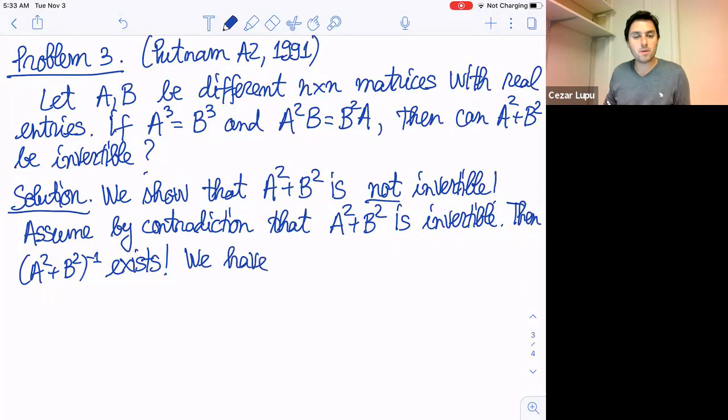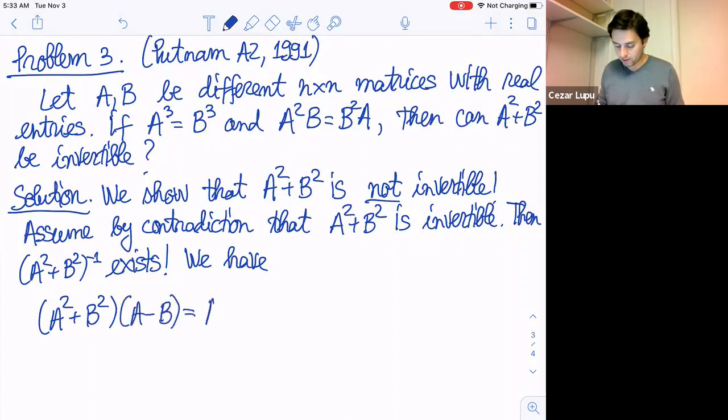I know that A and B are different. So I'm just going to multiply A plus B, A squared plus B squared, times A minus B. And once we do this operation, let's see what we have here. We have A cubed minus A squared B plus B squared A minus B cubed.